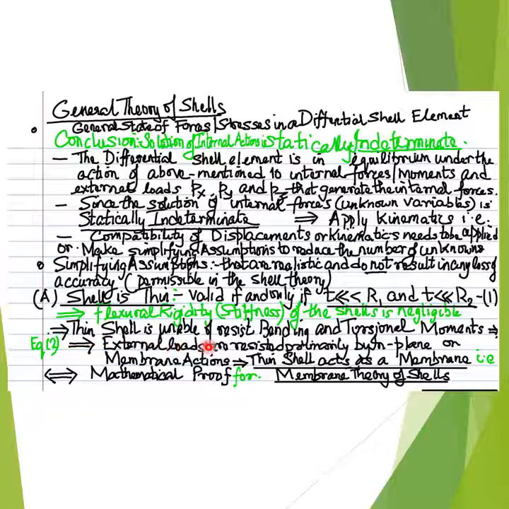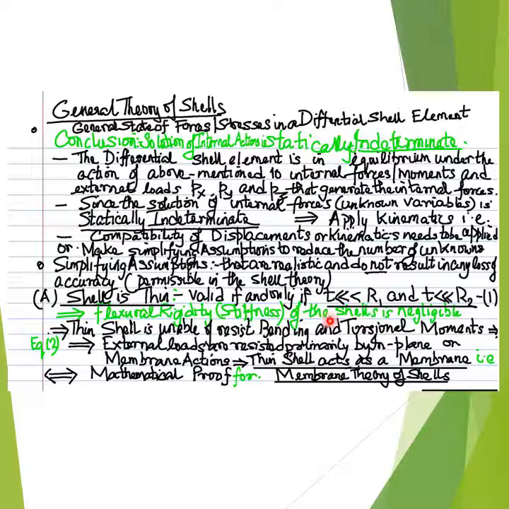The physical interpretation of this inference is that the thin shell, or a shell that is thin and satisfies the necessary and sufficient condition given by equation 1 to qualify as a thin shell, has negligible flexural rigidity or bending stiffness.